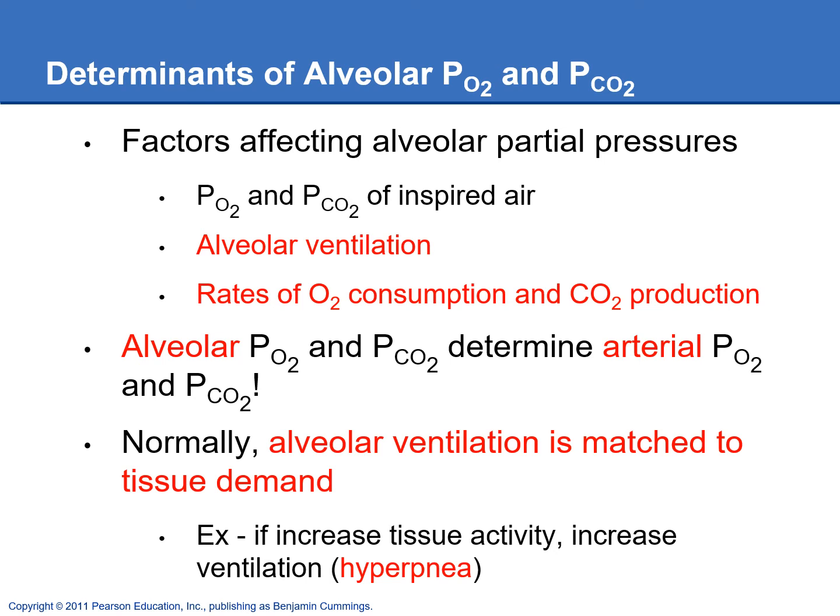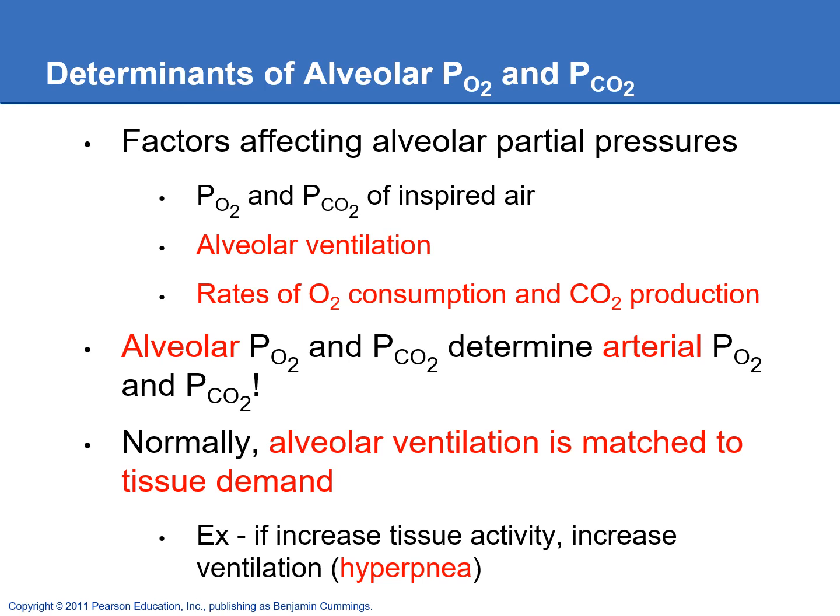But the other two, alveolar ventilation and the rates of oxygen consumption and carbon dioxide production, those can quickly change in the body. Remember that alveolar ventilation, that's just the amount of fresh air that's reaching the alveoli. And remember you calculate that by subtracting out that dead space air volume.